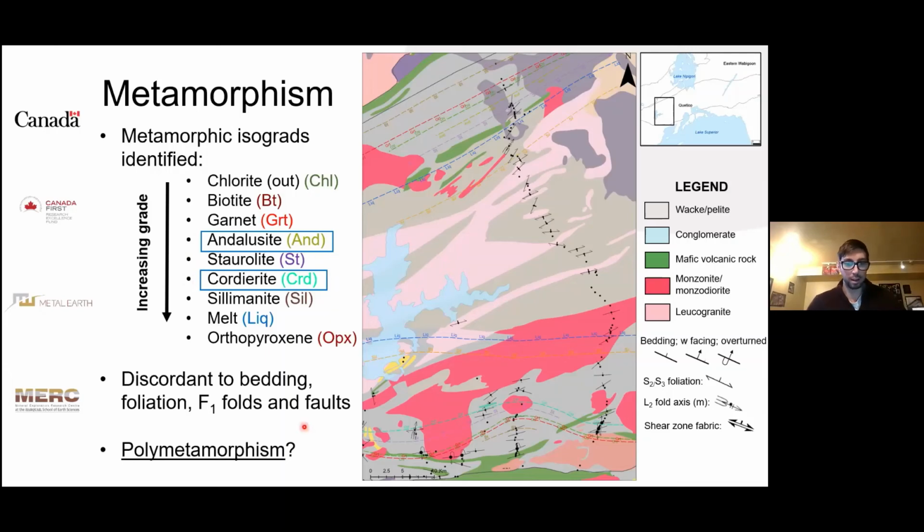So there is the potential that there could be two different gradients within the Quetico subprovince, but looking at the geometry of the gradients, they do seem to still be parallel to each other.